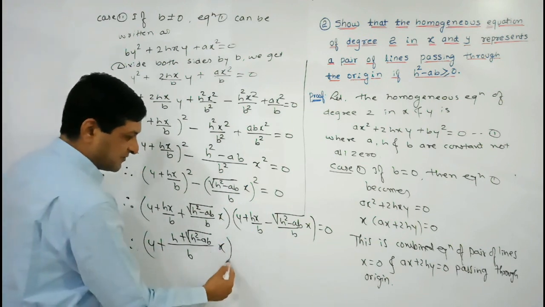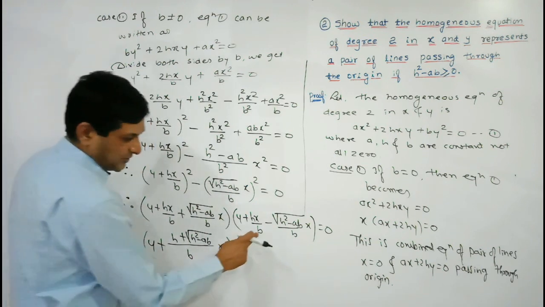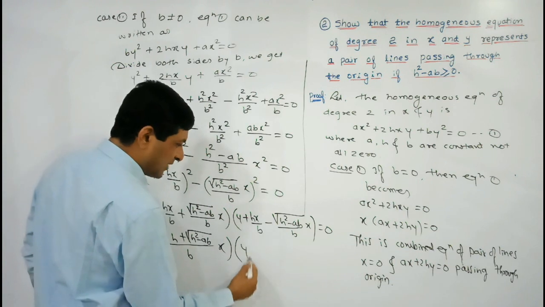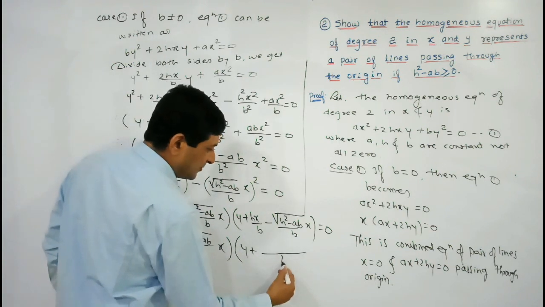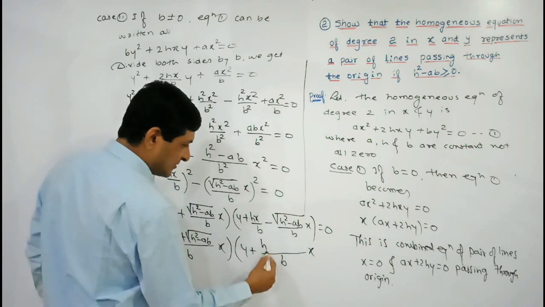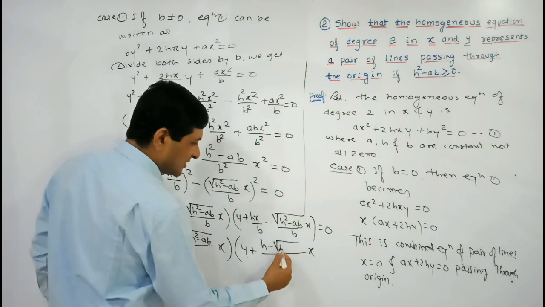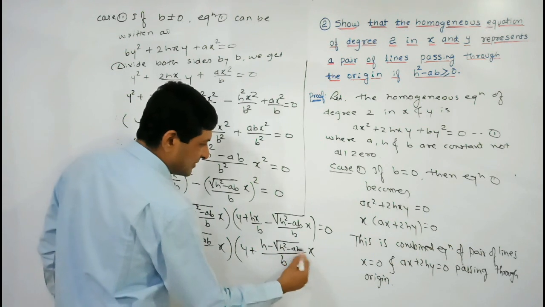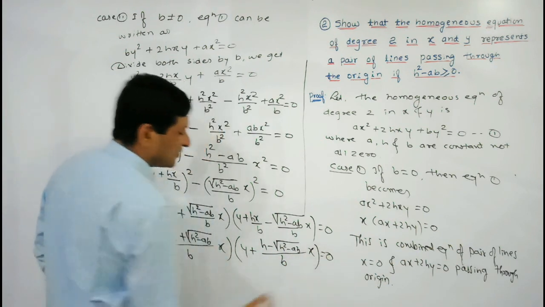Okay, so this will be the first term, and here also denominator of these two terms are same, so y plus, we are able to take x common from the numerator, so here remaining term is h minus under root h square minus ab, isn't it, is equal to 0, keep it as it is.